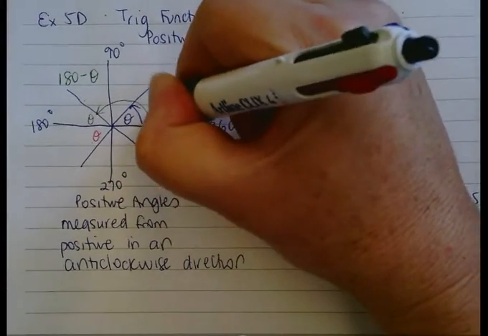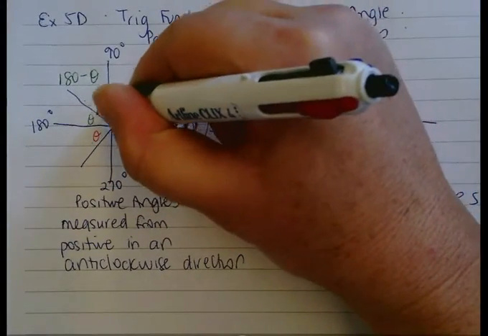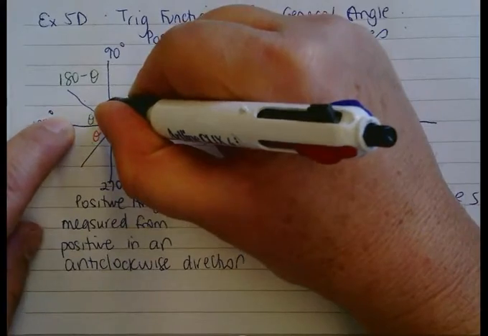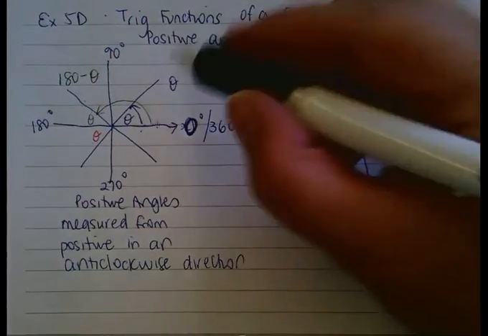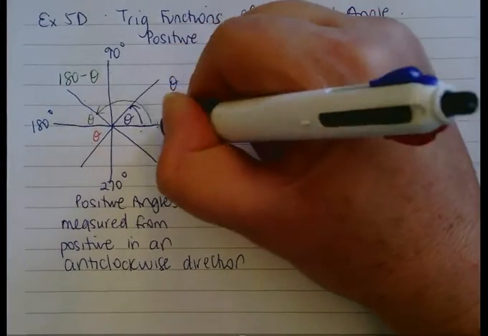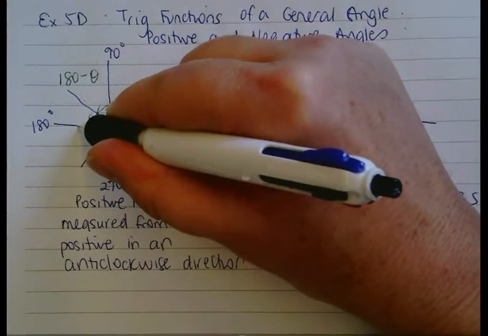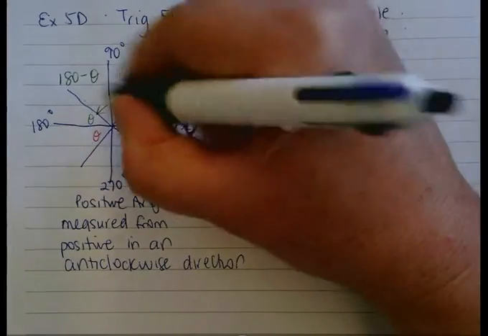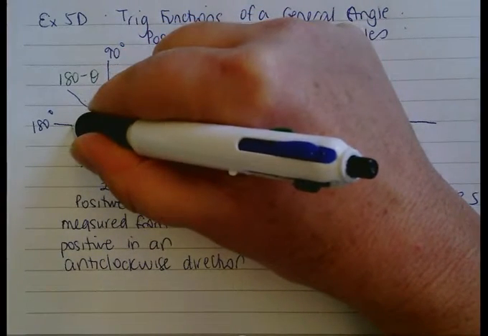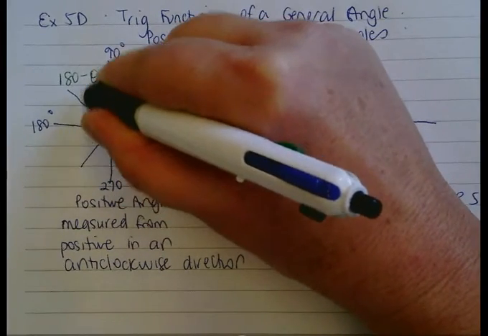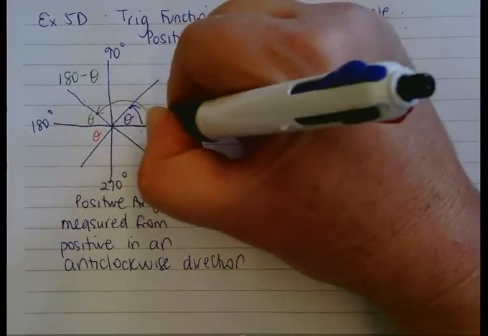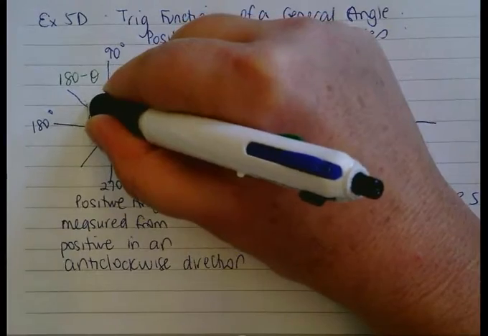So when I get to this line, I can say I'm nearly at 180 and I stopped short of theta, and that's why that's 180 minus theta. But this is really how you're supposed to do it: 180 all the way to the line, and I'm coming back for negative theta. I've gone 180 all the way to the line, and when I travel back clockwise, that's in the negative direction for theta. So it's 180 minus theta.